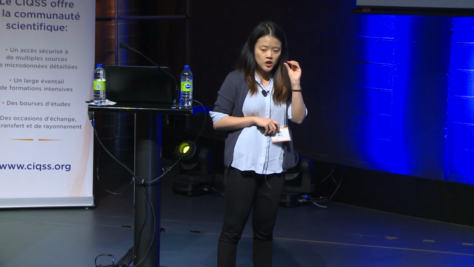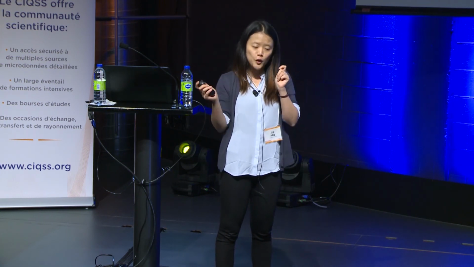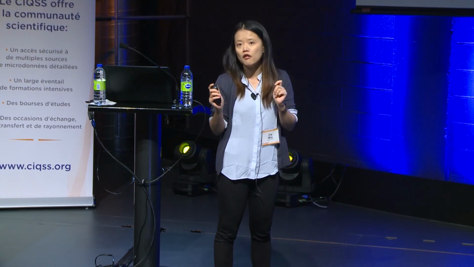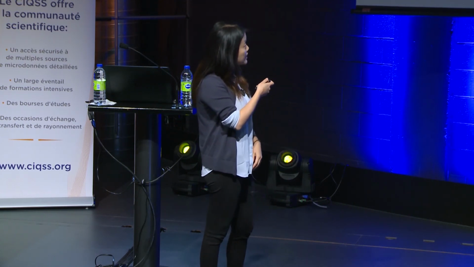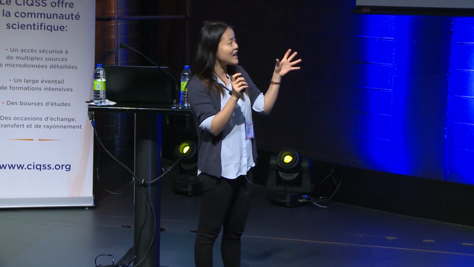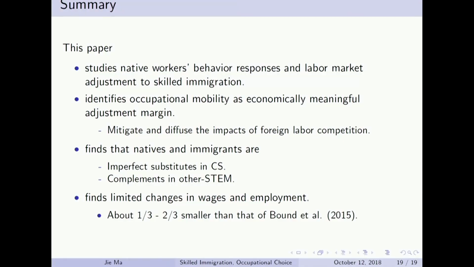This adjustment margin helps to mitigate and diffuse any initial impact of the foreign labor competition. I also find interesting results in terms of the substitutability and complementarity across different occupations. Compared with previous literature, because of the model, I find a limited negative impact of this large inflow of immigrants into the United States. That's basically what this paper is about.